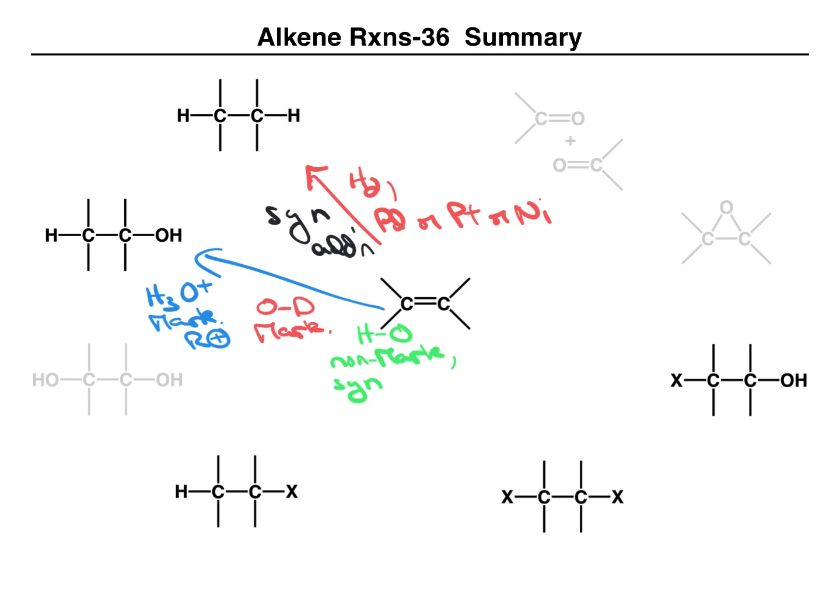So this means we are going to use HX. Similar to what happens with acid catalyzed hydration, the alkene grabs the proton, forming the more stable carbocation, and then the X- adds to the carbocation carbon. And so we have Markovnikov addition of H and X across the double bond.